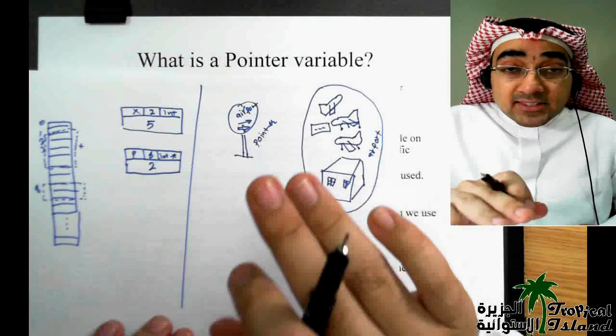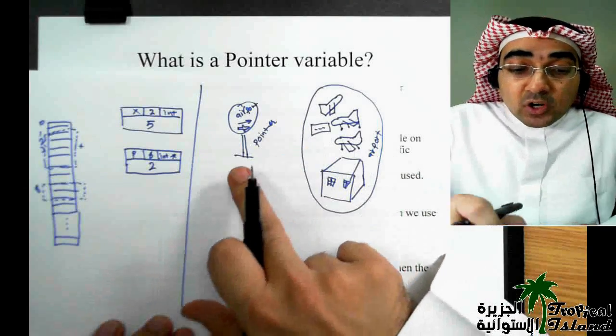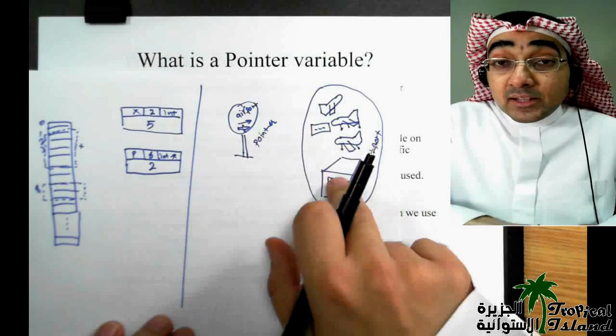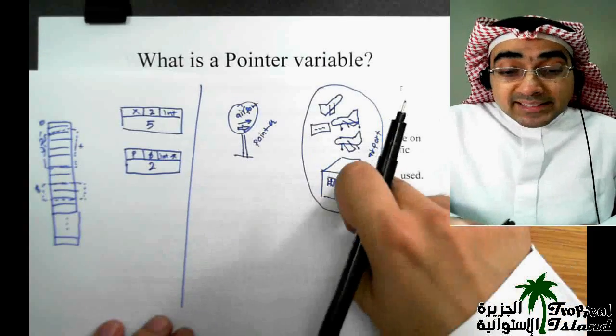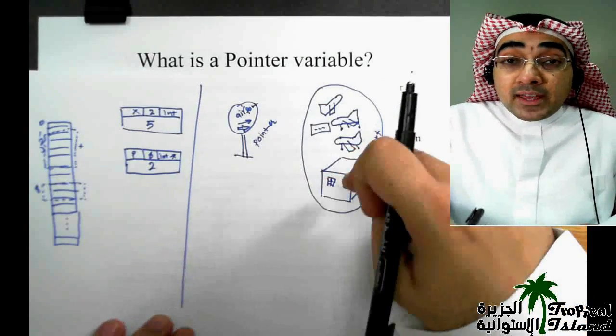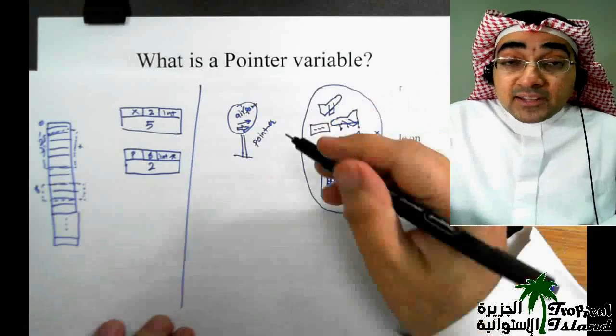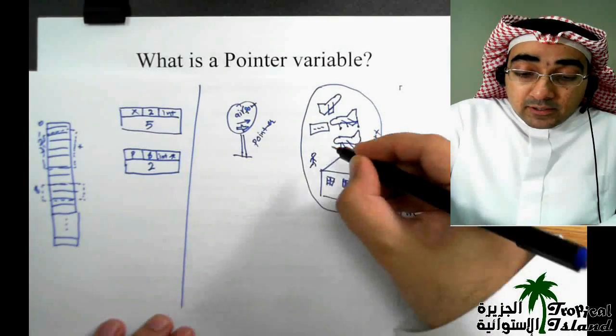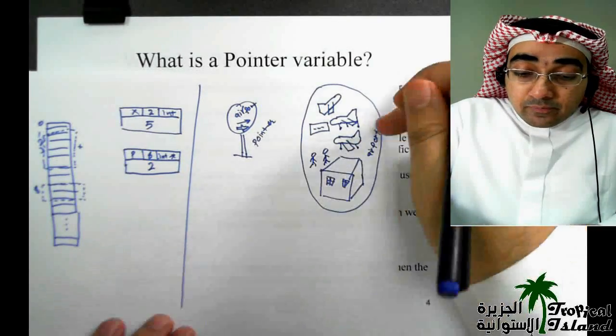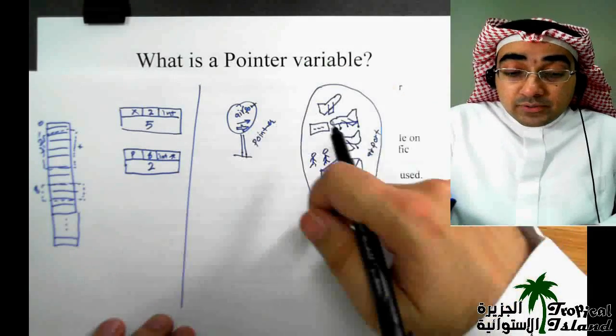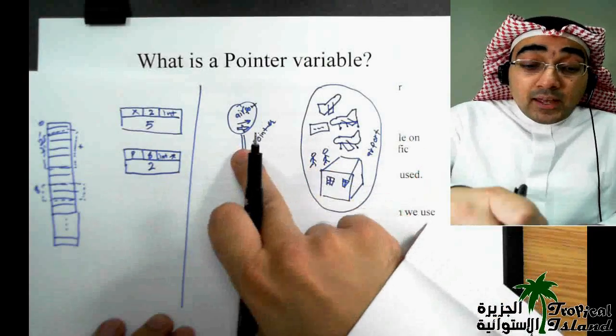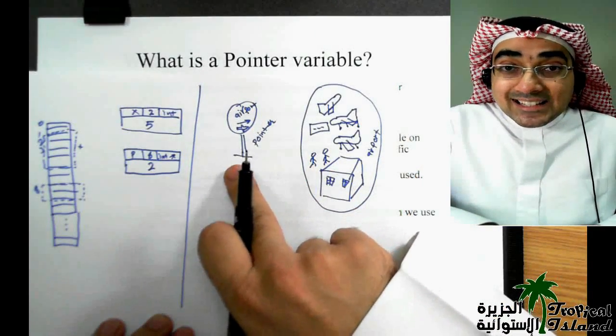The same analogy goes with a pointer variable. A pointer variable is a variable that can point at something, but it cannot contain a value. Airports have people, have buildings, have planes in them. So there are people, there are planes, and there are buildings over here. This is what's inside an airport. But the sign doesn't have anything in it.